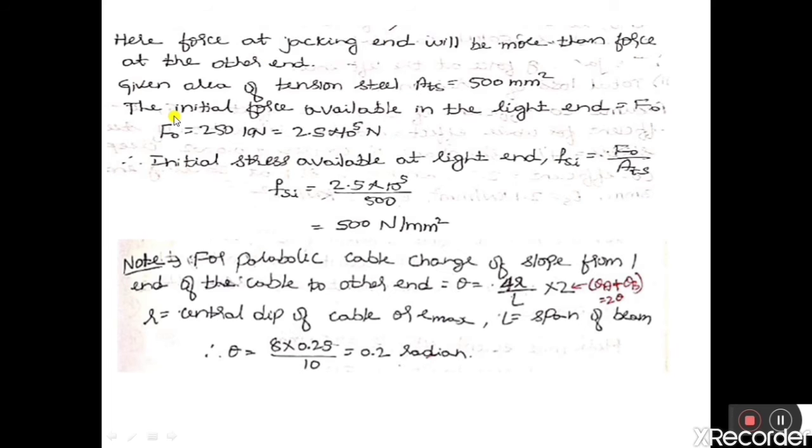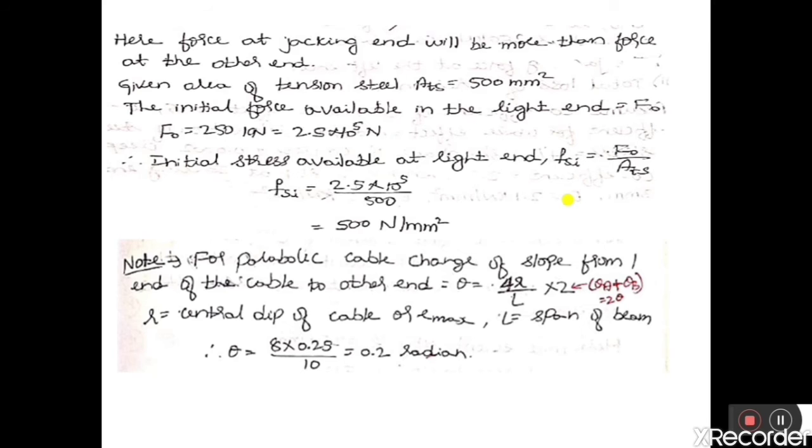So in the question they have given the cross-section area of a tension steel. So the cross-section area of tension steel, ATS, is 500 millimeter square. So we know cross-section area of a tension steel, and we know what is the initial pre-stressing force at right end.